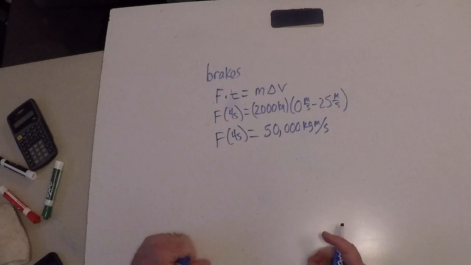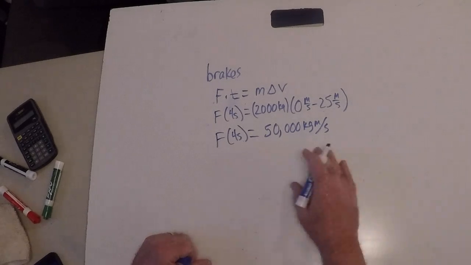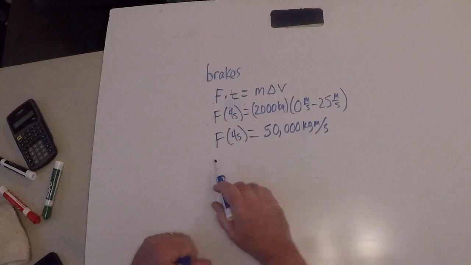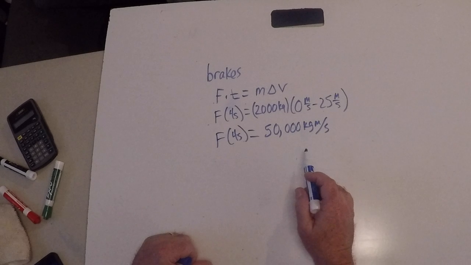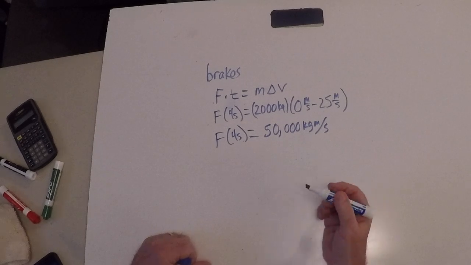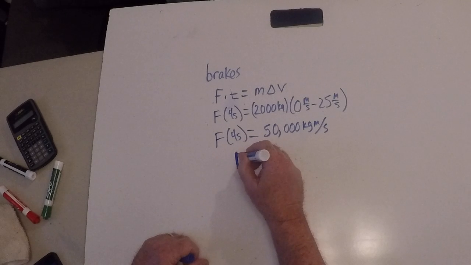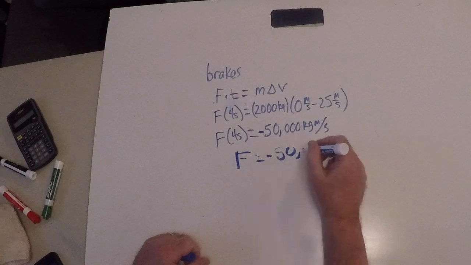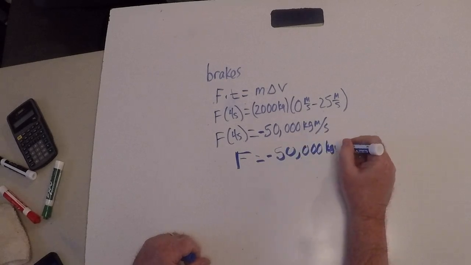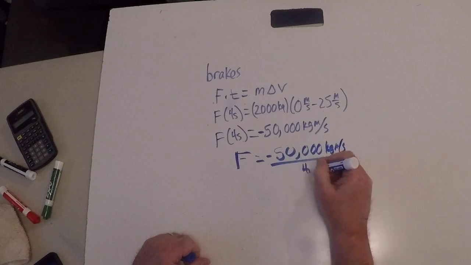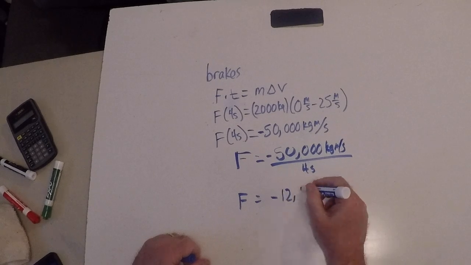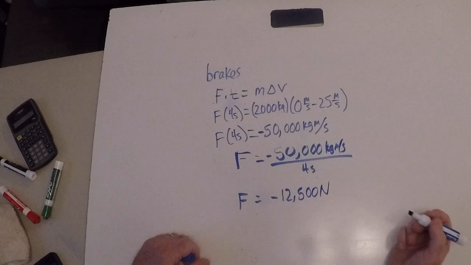Oops, in my original video, the stuff that came after what I wrote here didn't show on the screen, so I'm just going to insert this little part to show you what happened. Once we have force times 4 seconds equals negative 50,000 kilogram meters per second, we just divide both sides by 4 seconds to find what the force is. So we get negative 50,000 kilogram meters per second divided by 4 seconds, and that gives us, for the force, negative 12,500 newtons, which is quite a lot.